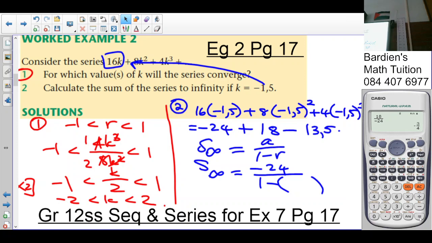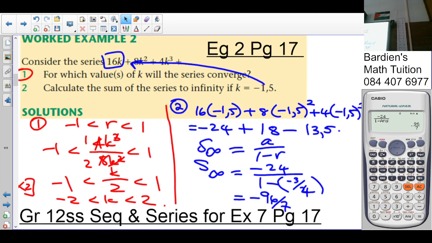So negative 3 over 4. Okay, so now we just put that in the calculator. If you want, you can work it out. That would simply be negative 24 over 1 minus the answer, which is negative 96 over 7. Is that correct?